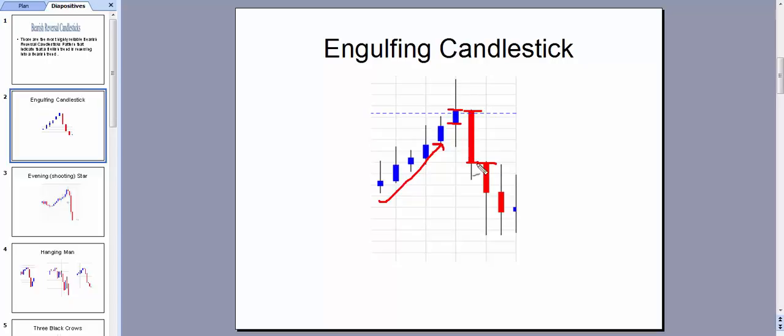I take the trade at the open of this candle, within the first 10 seconds of this 5-minute candle, and as I said, 80% of the time it will be a bearish candle, and the other 20% it does go up.